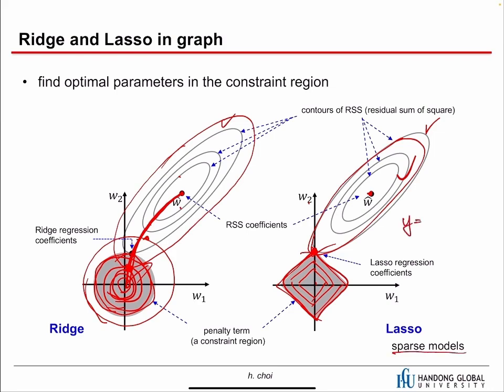Y is W0 plus W1 x1 plus W2 x squared, etc., Wn xn. Then lots of w's are zeros. Then compared to this ridge regression, in the ridge regressions, w's will be small. Okay, so the value of w's are small, but still they are not exactly zeros. But in the lasso regressions, lots of w's are exactly zeros.